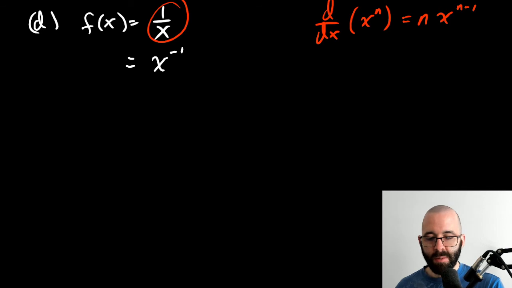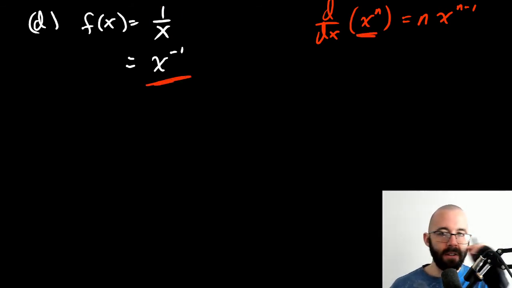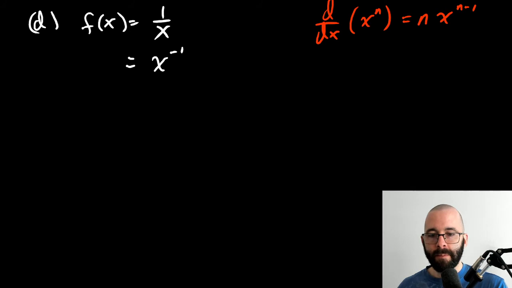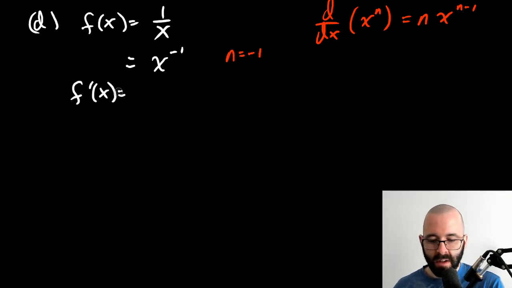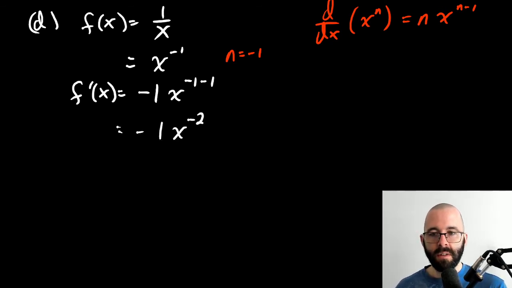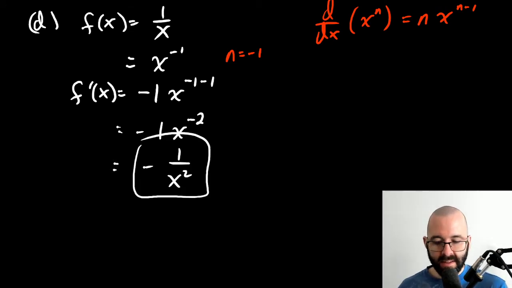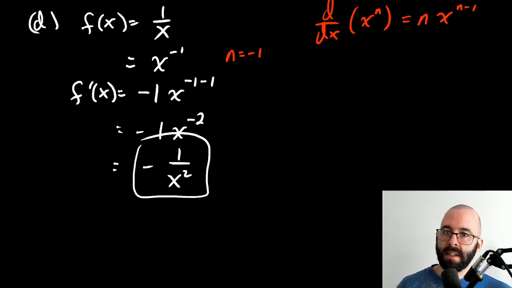Negative exponent means reciprocal, and now we have it in the right form, where n is equal to -1. Power rule says the derivative, bring the exponent down, and then subtract 1 from the exponent. That's -1 times x to the -2. It's -1 over x squared. And that is indeed the derivative of the reciprocal function. The slope of the reciprocal function is the negative reciprocal squared function.